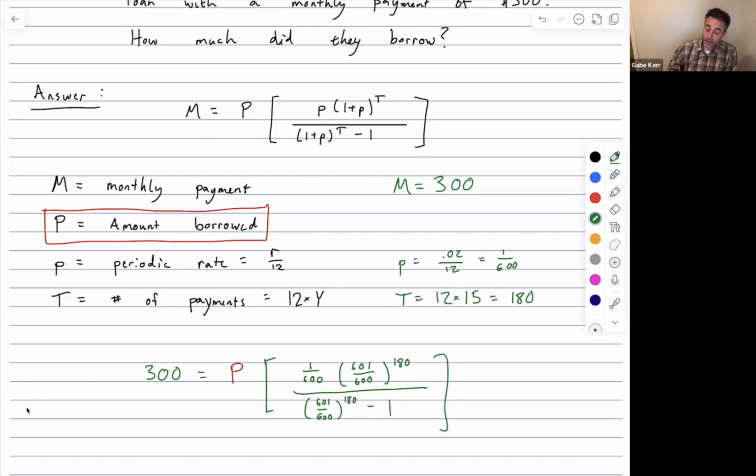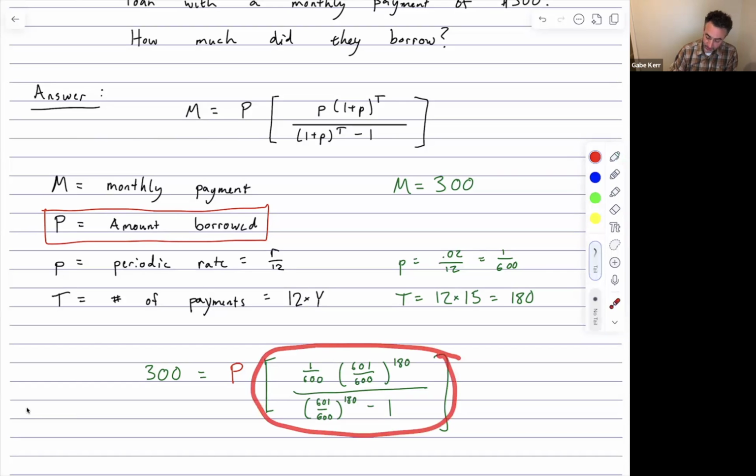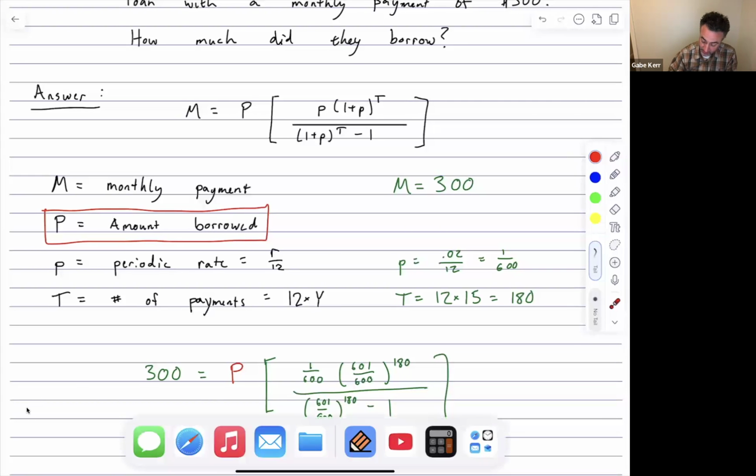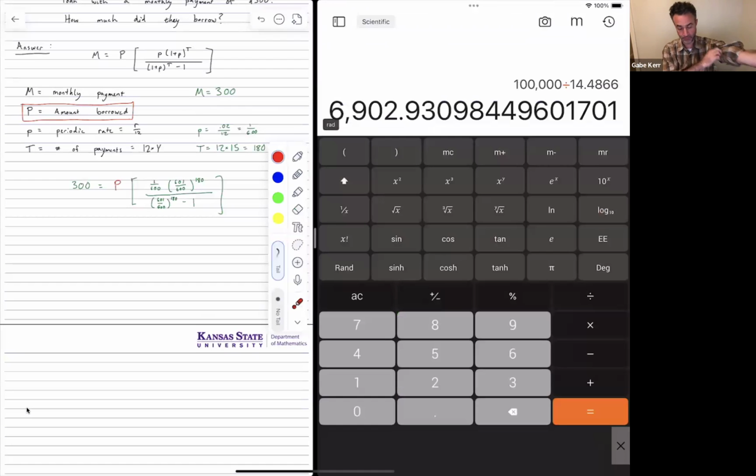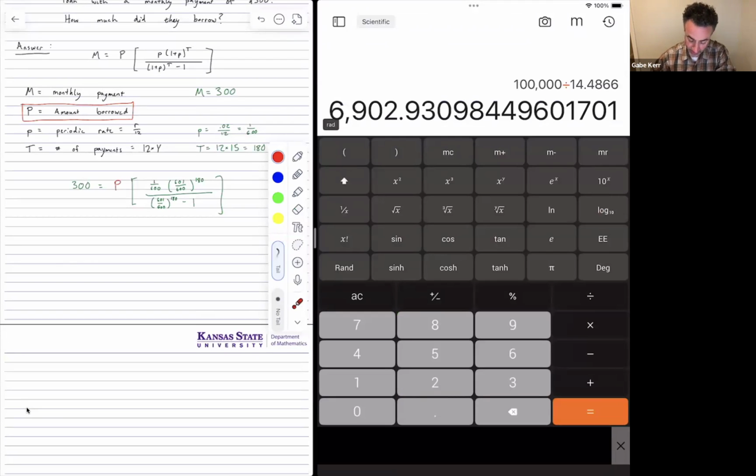All right, so now I've got a pretty ugly number sitting right here. So I'm going to go ahead and use a calculator to find that number. And I'm going to have to do my best with my parentheses because there's a lot of parentheses in this one. Okay. So let me clear what I have here.